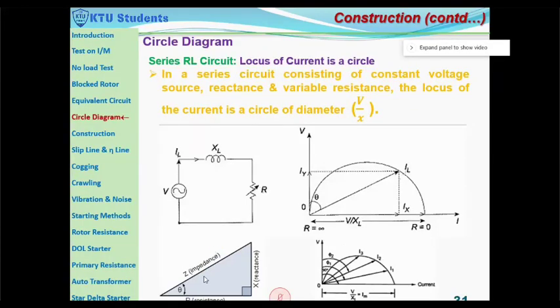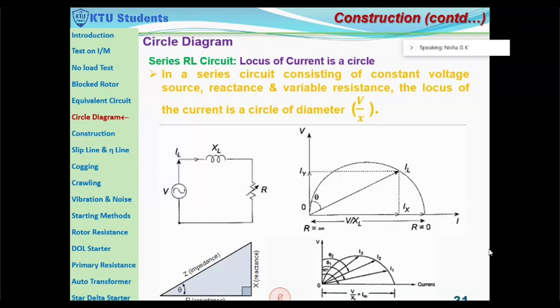Taking the sine theta component, sine theta will be equal to the reactance X divided by Z. If you combine the current equation and the sine theta expression, you get I equal to V by X into sine theta. In polar form, R is equal to A sine theta, which has a locus of a circle, and this A is the diameter of the circle. So the diameter here is V by XL, and different operating points can be taken from this.